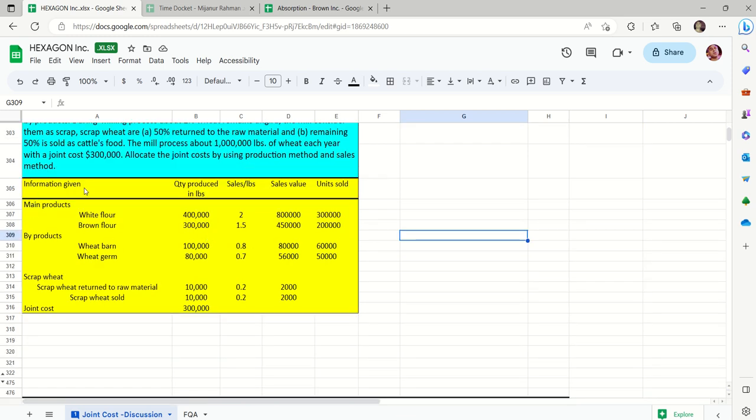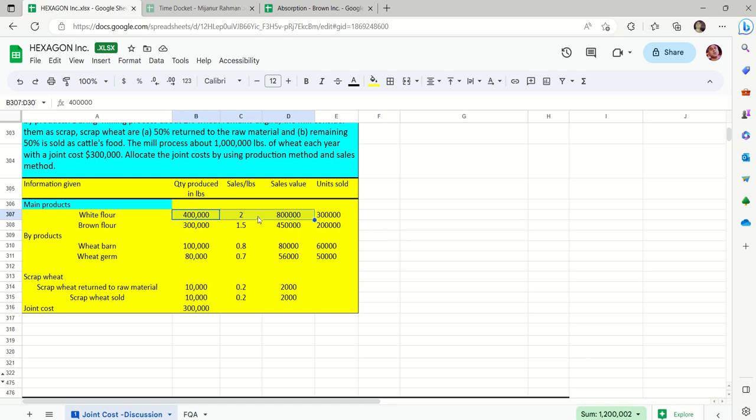The information given to us with respect to quantity, you can see highlighted in yellow. Again, the main products are white flour and brown flour. White flour quantity produced is 400,000, quantity sold in the market is 300,000. The total value of 400,000 pounds of white flour is 800,000.